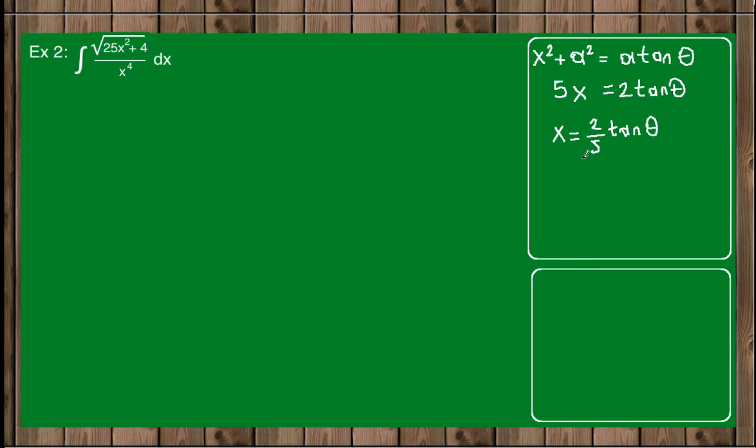If x is 2/5 tangent theta, what is dx? The dx is the derivative of this, which is 2/5 times the derivative of tangent, which is secant squared theta d theta. Let's solve for tangent theta.